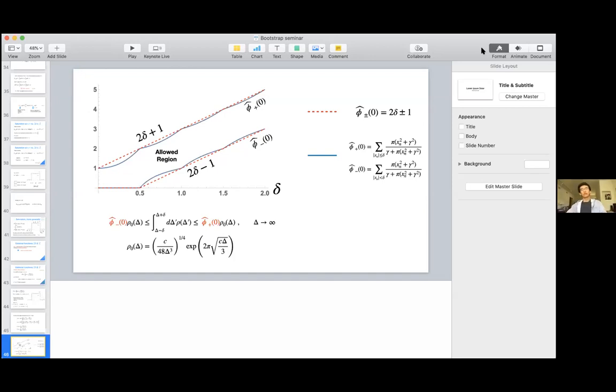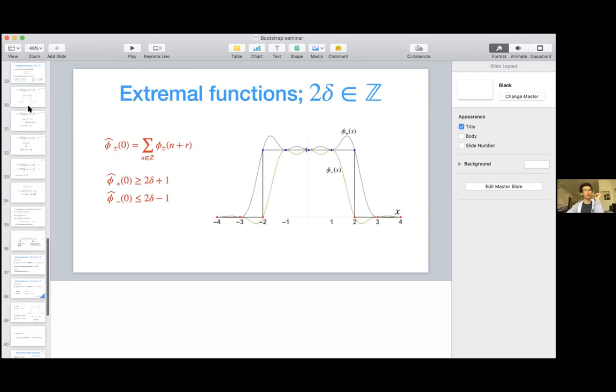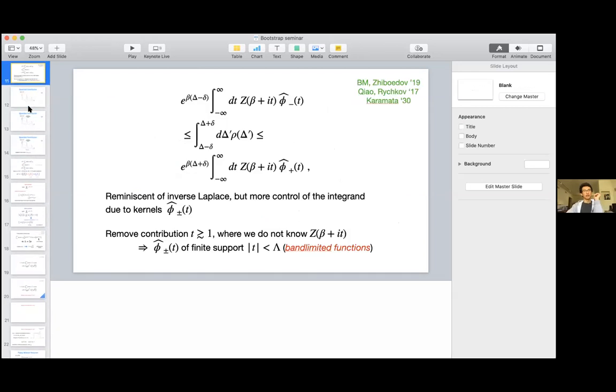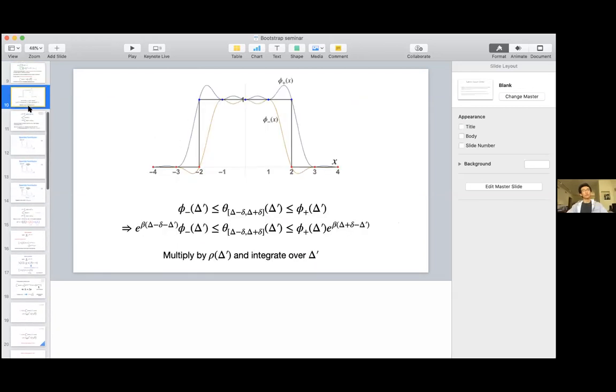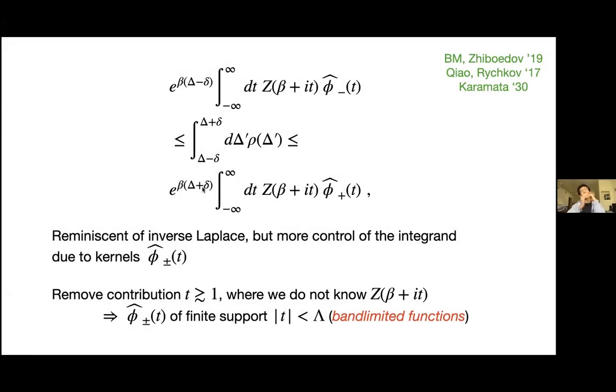So what I guess I can tell you is maybe something somewhat different, but maybe related. So this kind of inequalities. Let me go back to this thing. So this kind of inequalities: there's a literature on the Riemann zeta function.